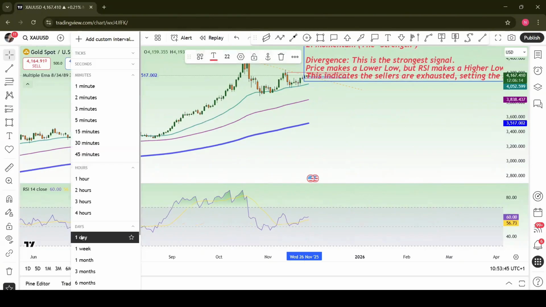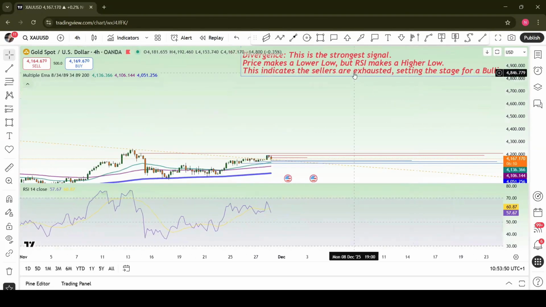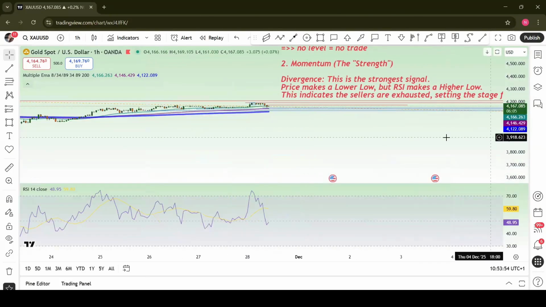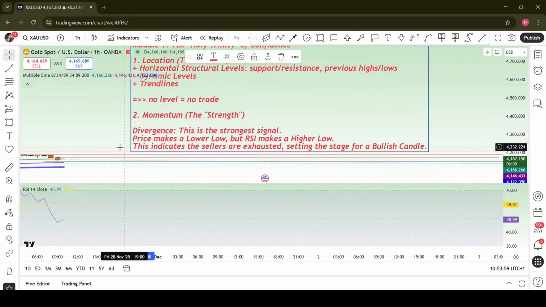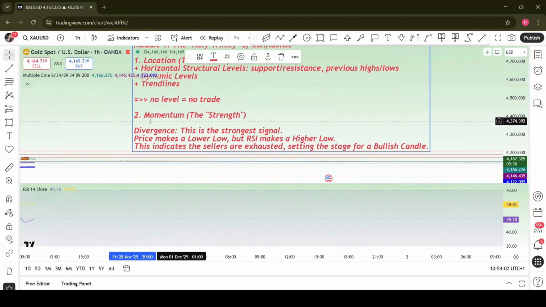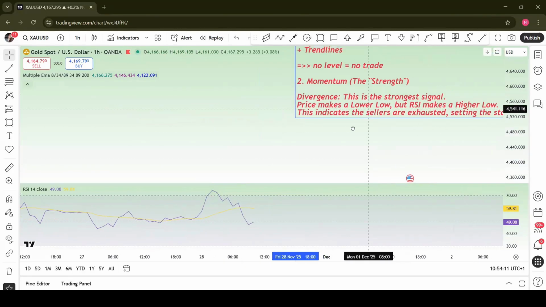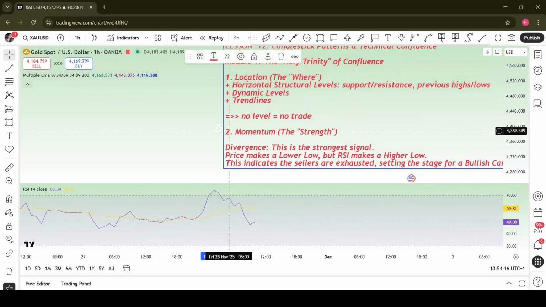That's weird. One hour. Okay, there you go. Divergence: the price makes lower lows, but RSI makes higher lows. If you use RSI divergence, you need to be patient and wait for it to come true.